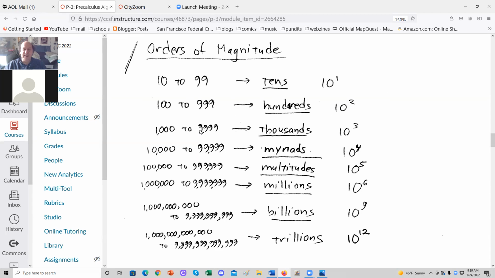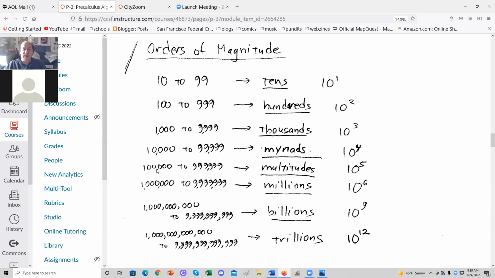From 1,000 to 9,999 is in the power of 10 to the third. 10,000 to 99,999 deserves a name of its own, and it has one. It's an old-fashioned one, but I like it, namely myriad. So something in the order of 10 to the fourth, tens of thousands, is known as a myriad.